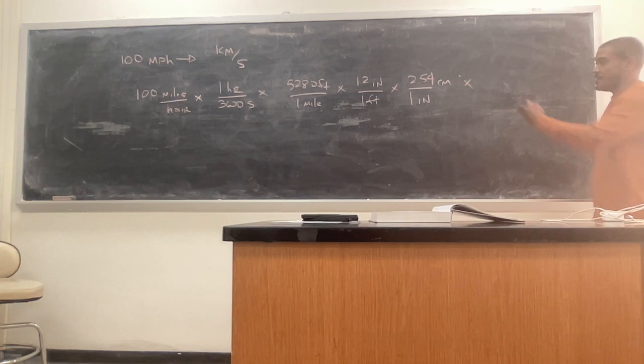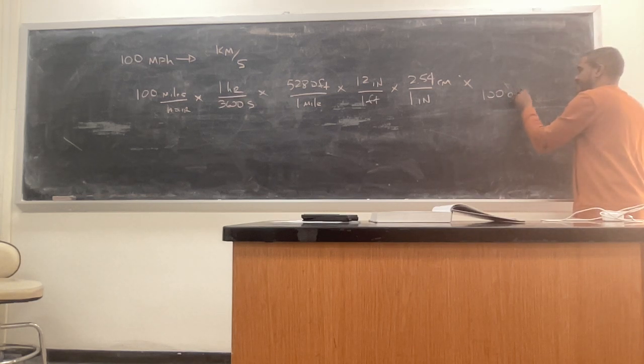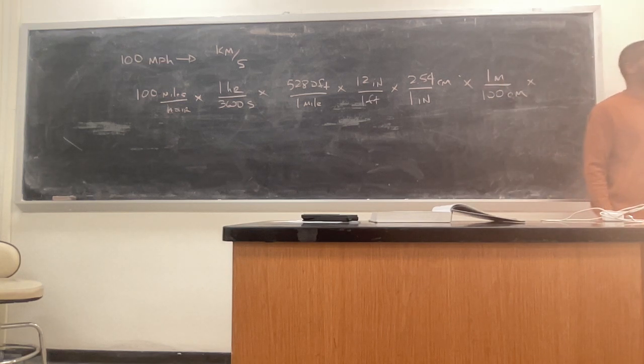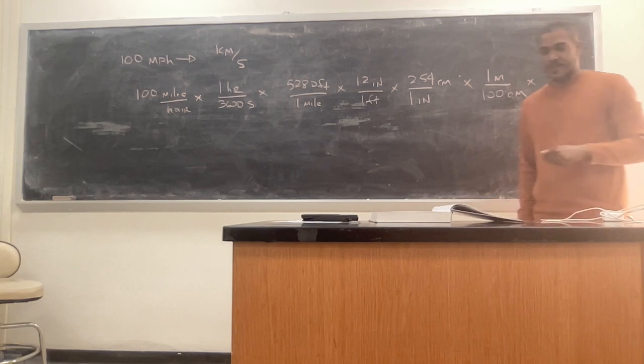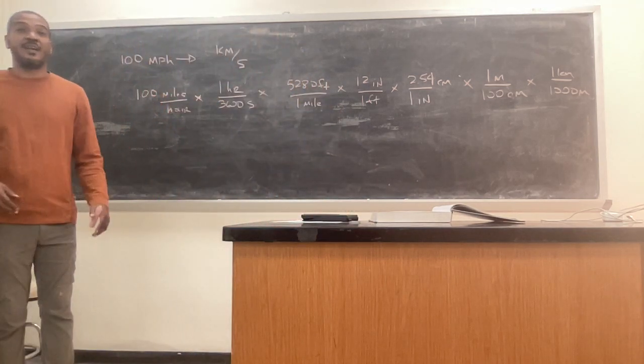Let's make it easier. So that'd be meters. 100 centimeters is 1 meter. So 10,000 is what? Actually, I don't know, let's see, hold on. So now what? 1,000 meters, 1 kilometer. So really it'd be 100,000. Okay. All right, so that's it. That's the calculation.